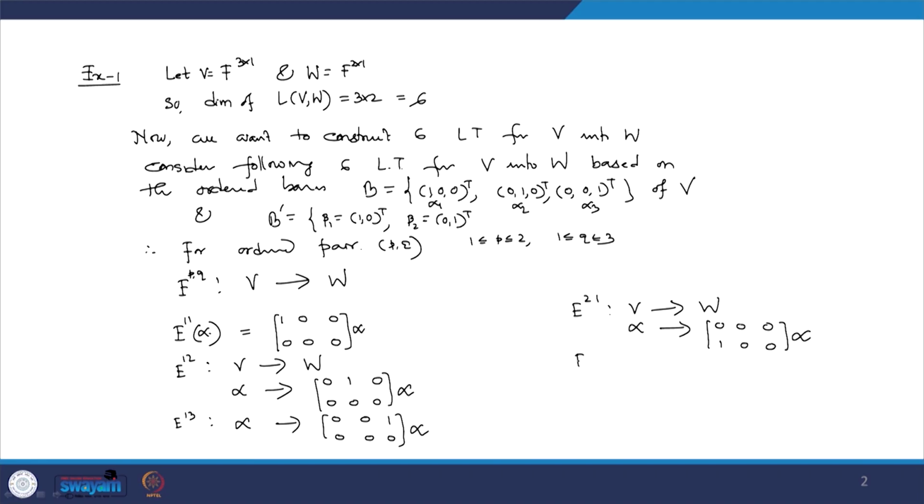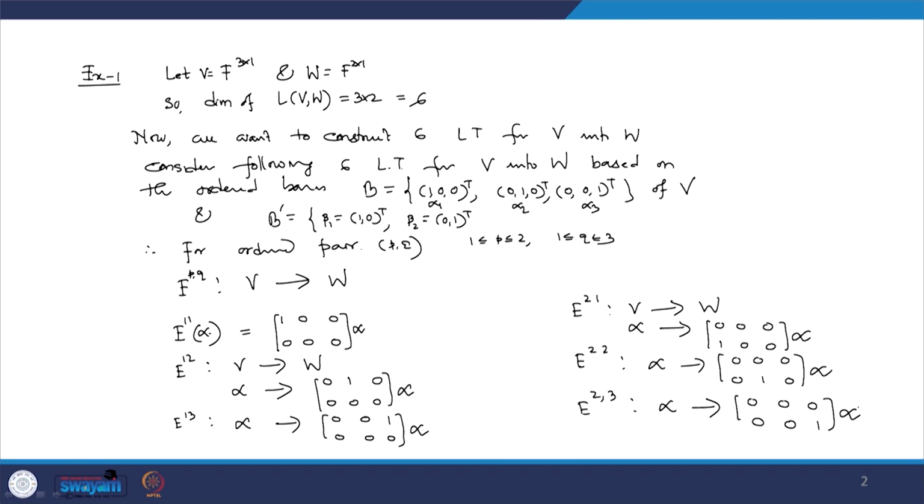Then E22 is defined by alpha goes to [0 0 0; 0 1 0] times alpha, and E23 is defined as alpha goes to [0 0 0; 0 0 1] operating on alpha, please. So, I have considered 6 linear transformations E11, E12, E13, E21, E22, E23 like this.